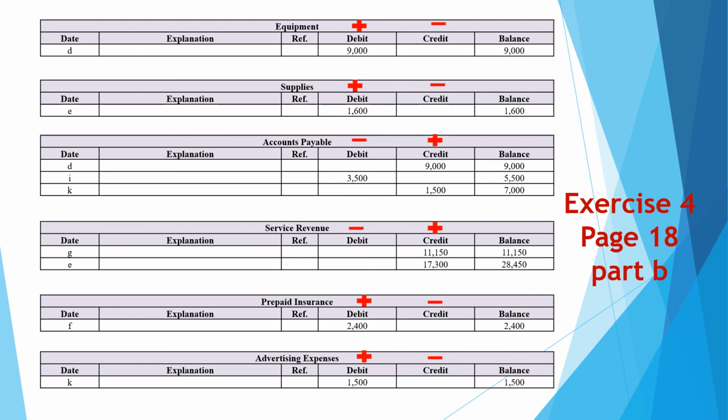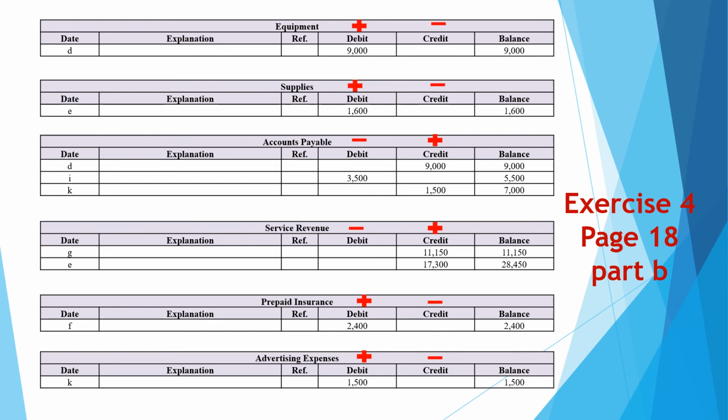The service revenue account appears two times in the general journal. In transaction G, it was in credit for 11,150, and we transfer this credit amount to the general ledger. The second time the service revenue appears, in transaction E, it was in credit as well for 17,300.